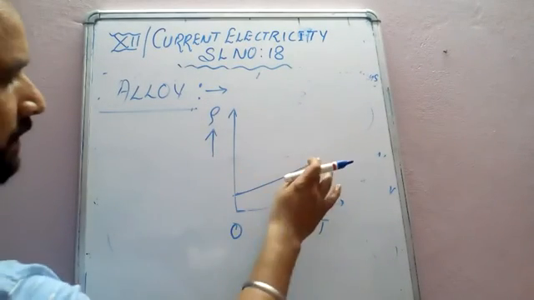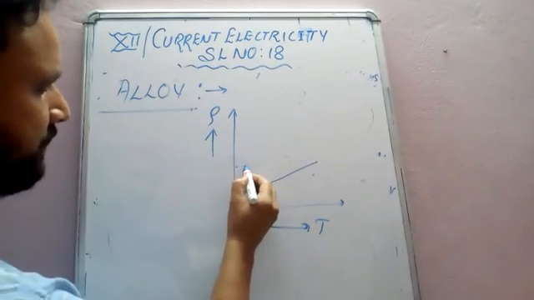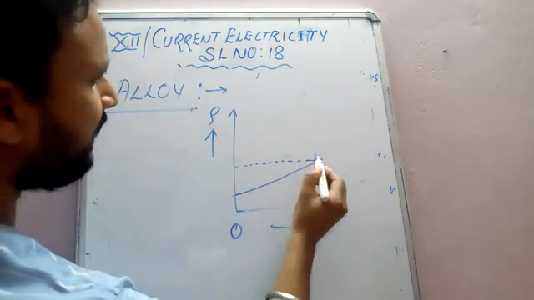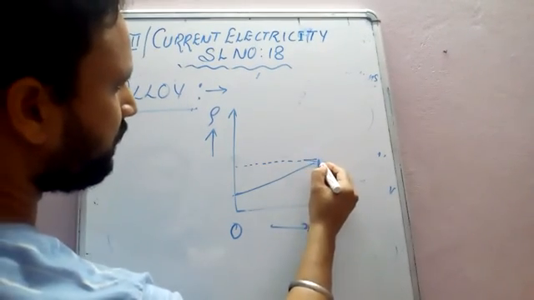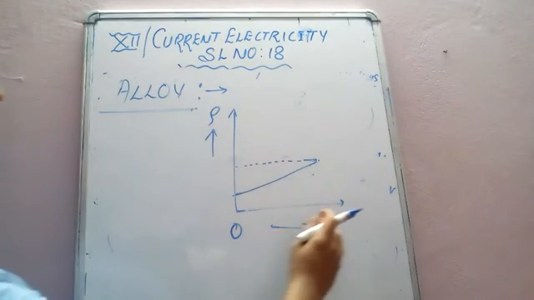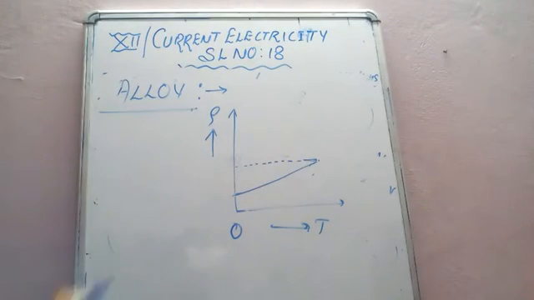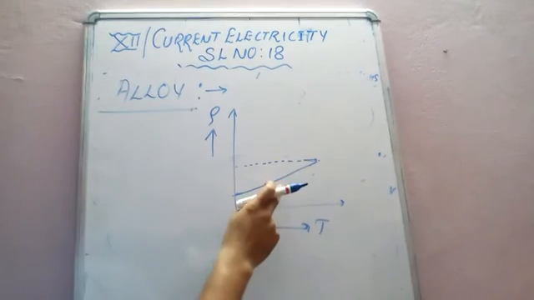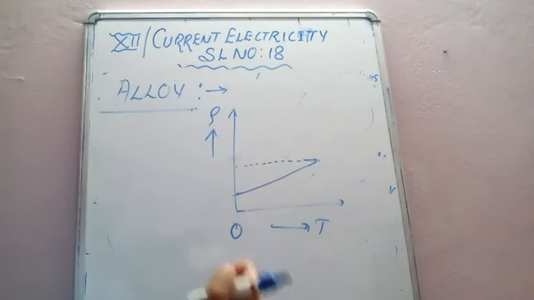We can see here there is a little variation even at higher temperature. This variation is very small. Up to a large range of temperature, the value of resistivity changes minutely.